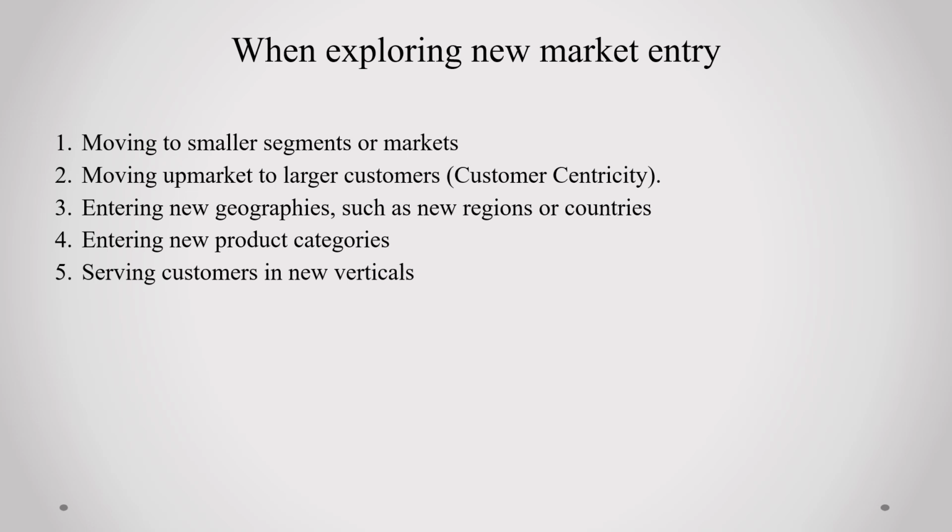And then serving customers in new verticals, that is, in new kinds of markets that are vertical to the markets that we currently have. That is, either moving up the supply chain or moving down the supply chain to look at those customers and whether or not we should vertically integrate our business.